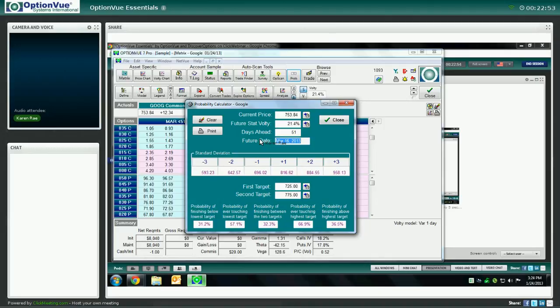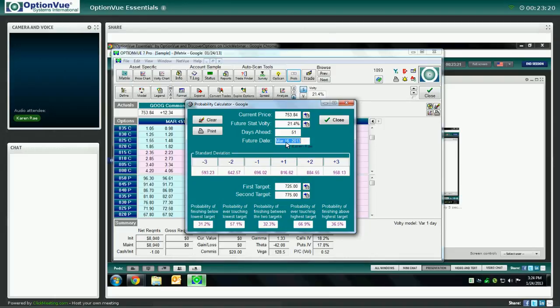And with the current price and the current statistical volatility, what is important to me are these numbers that fill in. This is based on a Monte Carlo projection for calculating statistical volatility. And the +1 designates my 68% probability range. The 68% probability range is a +1 -1 number.